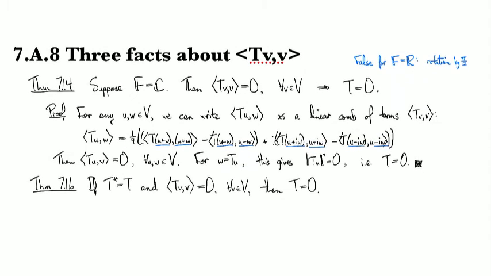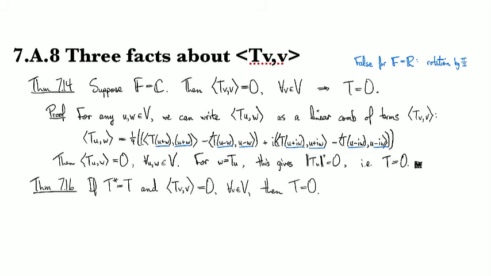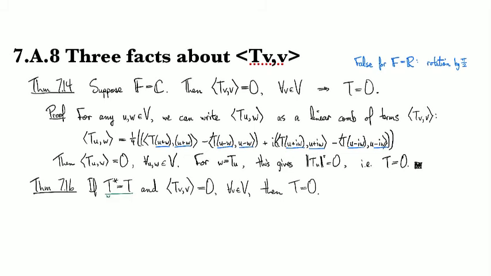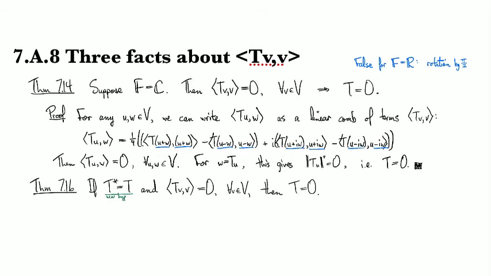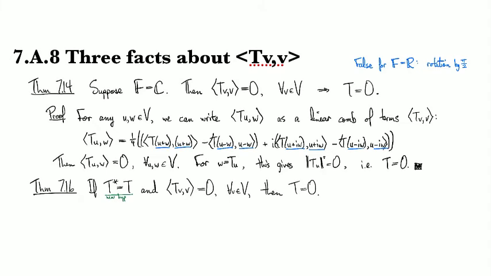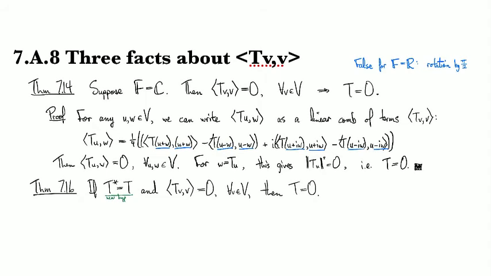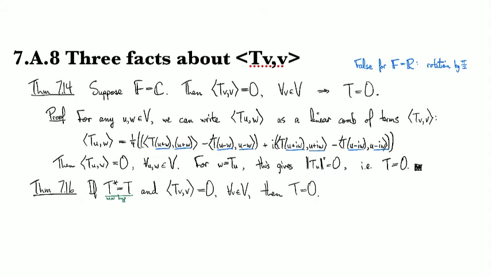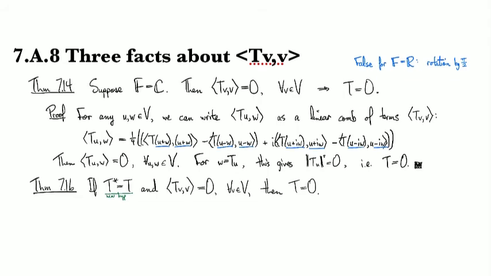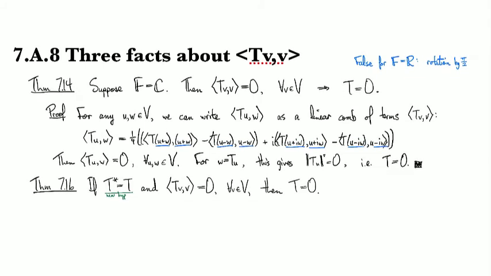Our next result is to extend this to the real case, in which case we need this extra hypothesis that it's self-adjoint. So if you have something that's self-adjoint and TV is orthogonal to V, always, then it's the zero function.